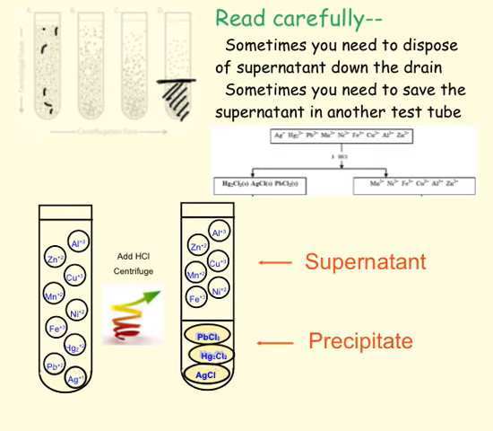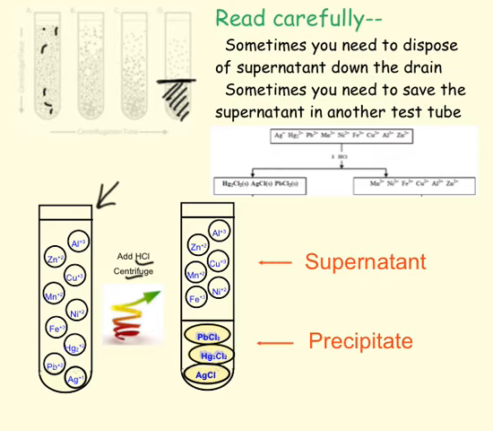So when you go through this, for example, the very first thing you're going to do in your lab as you read through the procedure, you're going to see that you start with your 9 ions in solution. You're going to add some hydrochloric acid. It spells out specifically how much of this you're going to add and what you're going to do with stirring. Then you're ultimately going to centrifuge it.